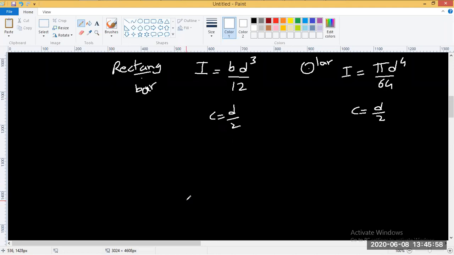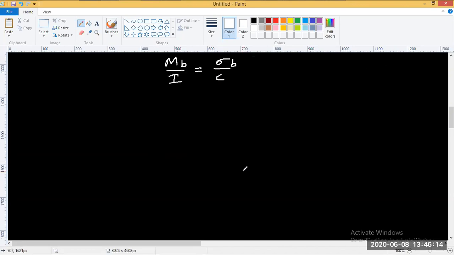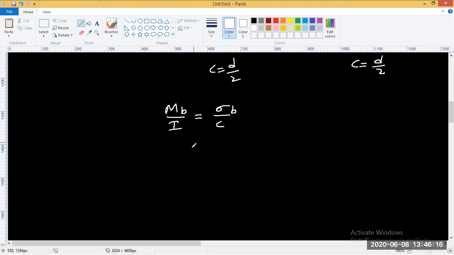Let me write it in a shorter form. MB by I equals sigma by C. This is sigma B, the bending stress. This is not the usual value of stress which we used, right?